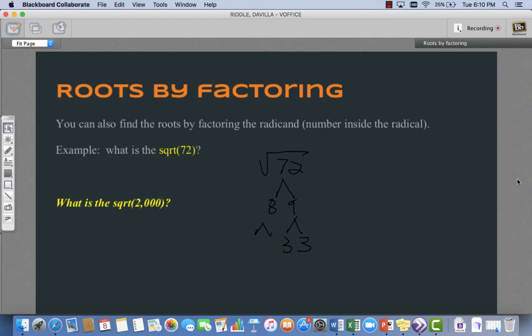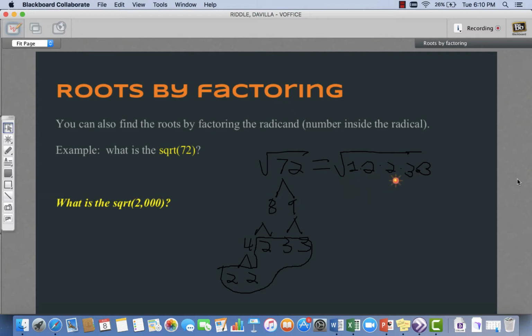So you have 3 times 3 from 9, and from 8 you have 4 times 2, and you can go even further with the 2 times 2. So here are all the numbers that make up 72. It breaks down all the way to 2 times 2 times 2 times 3 times 3. And you can put that in a calculator and you'll see that it comes out to 72 again.